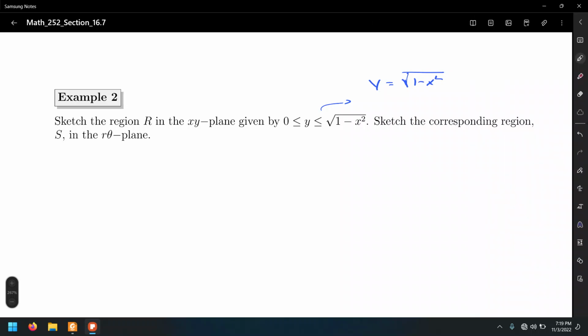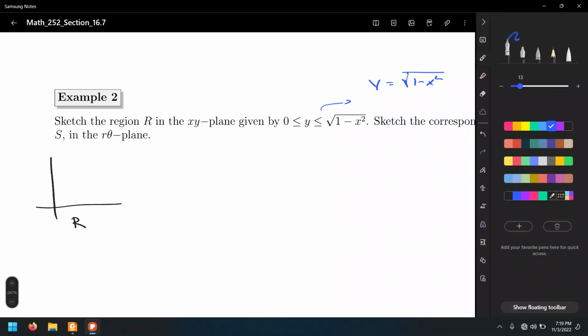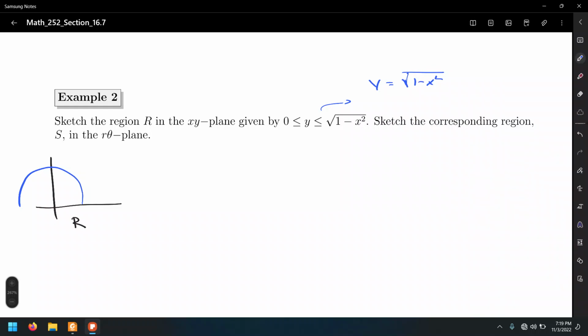Let's sketch R. So this is R. Notice this would be the entire upper semicircle. However, I remember I had more conditions here.